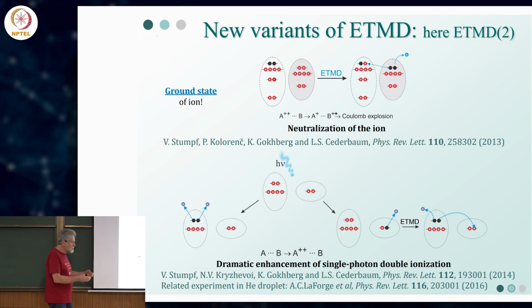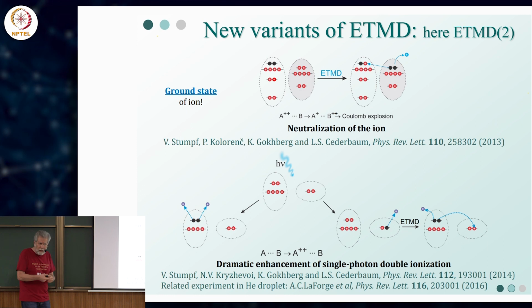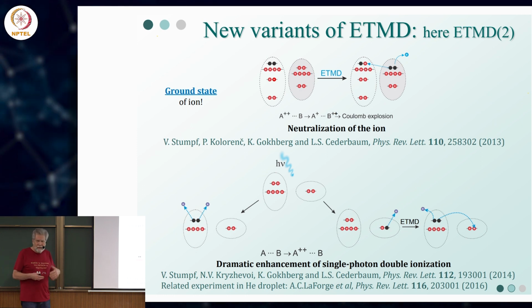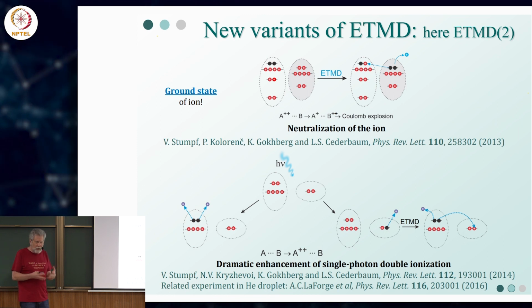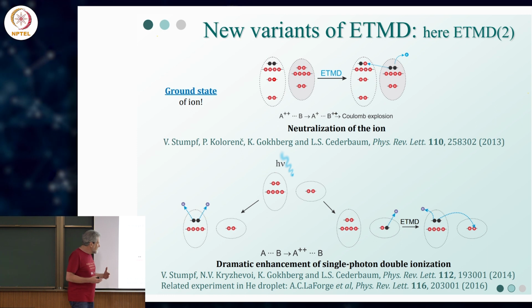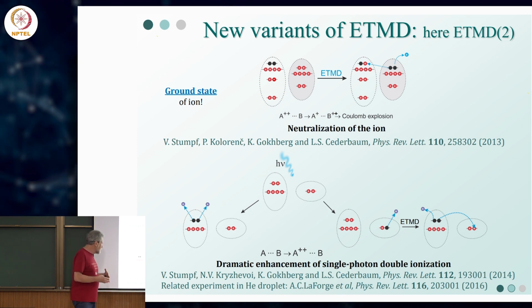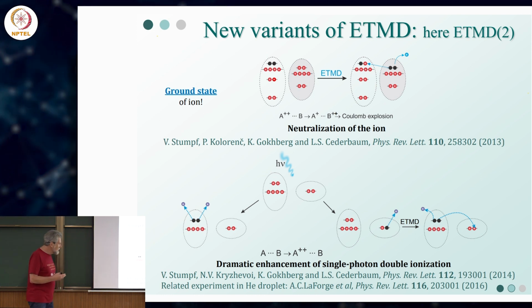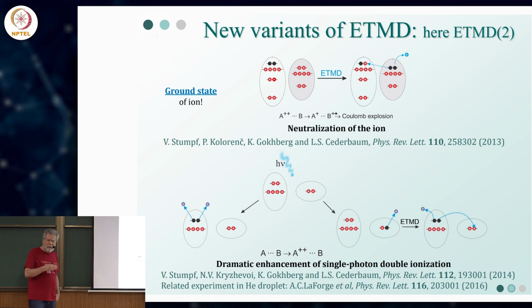Okay, now the electrons talk to each other, so if you take one out, maybe another one wants to accompany it. So this is due to electron correlation, so electron effects. And that's why, because electron correlation is very interesting to understand, that's why many people have studied double ionization with a single photon.